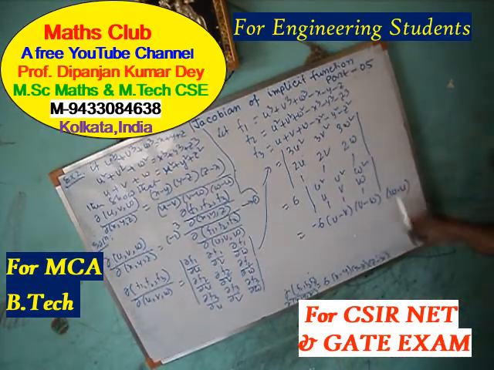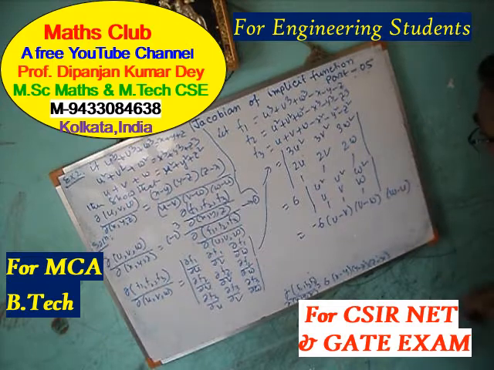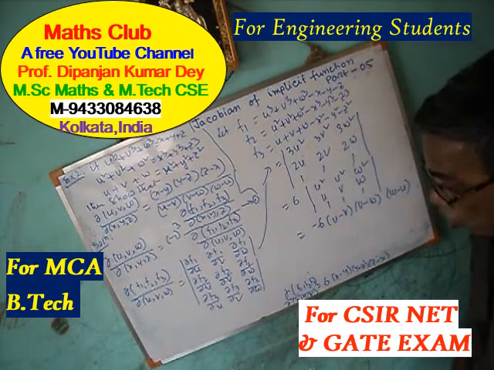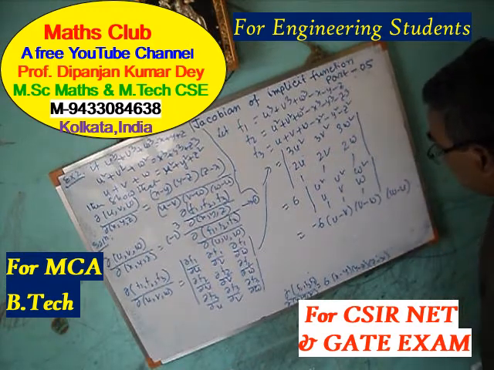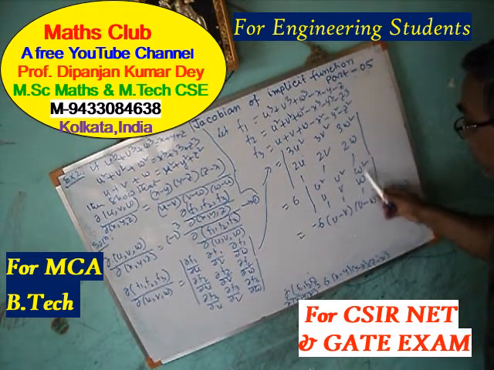According to breaking the determinant by that operation, C1 dash equal to C1 minus C2, C2 dash equal to C2 minus C3, then these two will be 0, break this, then the answer will come.